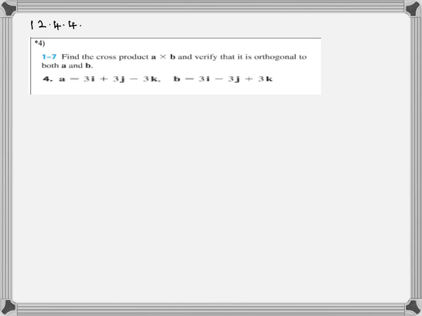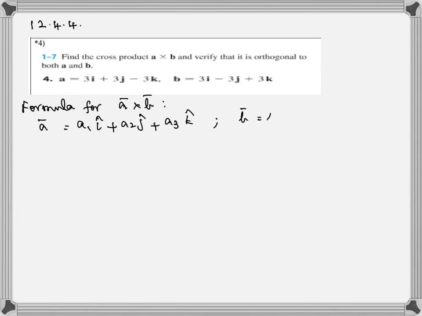So let's find out the rule for finding the cross product of two vectors. The formula for A cross B, where A is given by A1i plus A2j plus A3k, and B is given by B1i plus B2j plus B3k.